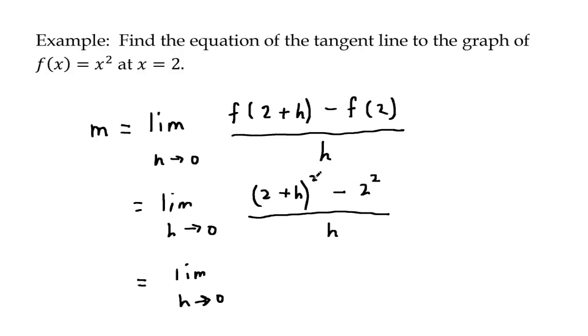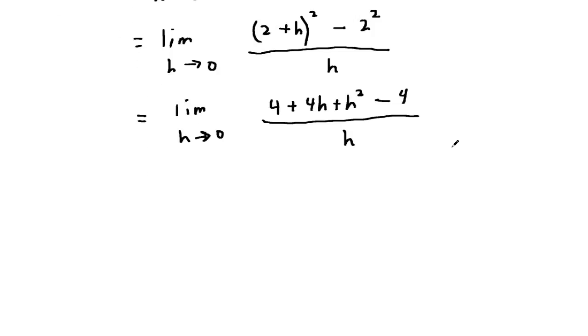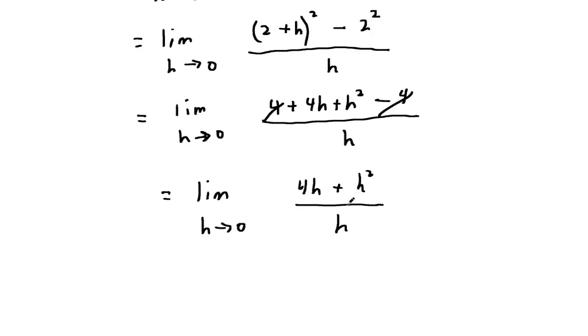Okay, now let's square this out. And 2 squared is 4. Okay, let's simplify here. The 4's cancel out. So that's the limit of 4h plus h squared all over h.